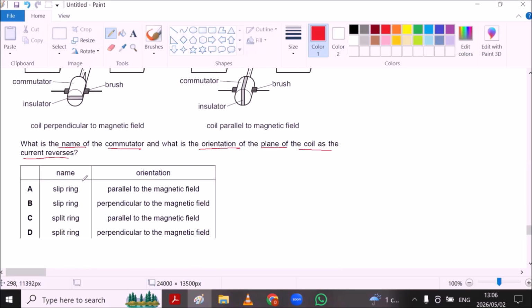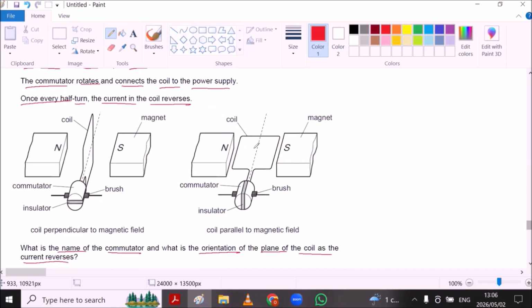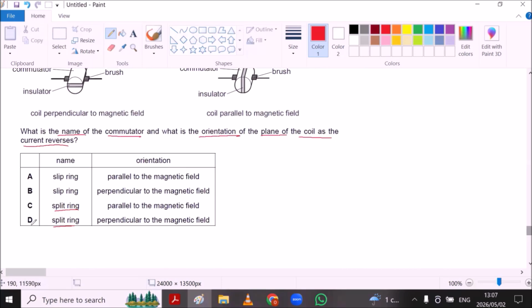The name of the commutator is split ring, and the orientation of the coil, which is this coil or that coil, we can see it is vertical and the magnetic field lines are horizontal. So we can say it is perpendicular to the magnetic field, which is D.